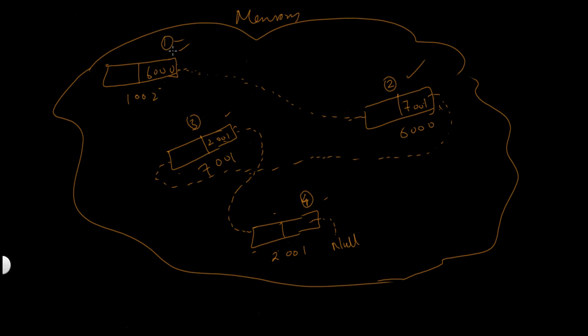The nodes of a linked list can be scattered around different parts of memory, and it doesn't matter in case of a linked list as long as the link part of each node has the address of its next node. The order of the linked list will be maintained, so there is no real need for nodes to be stored in contiguous memory locations.